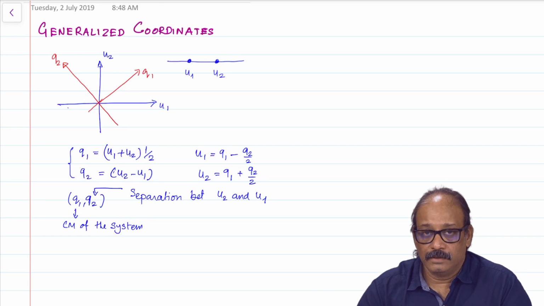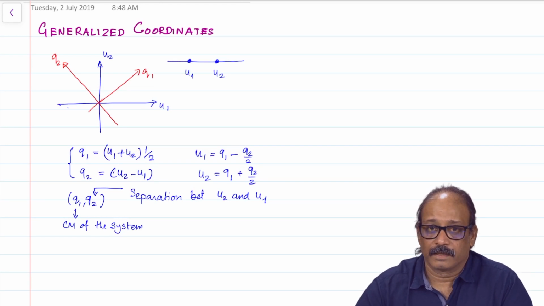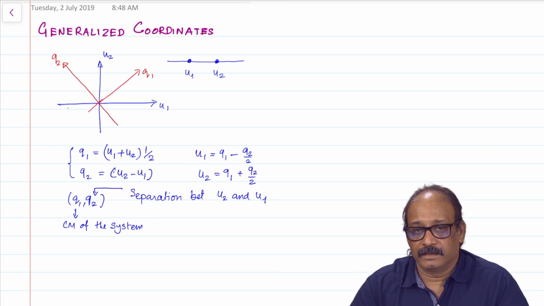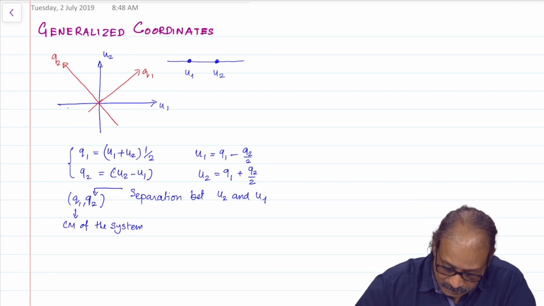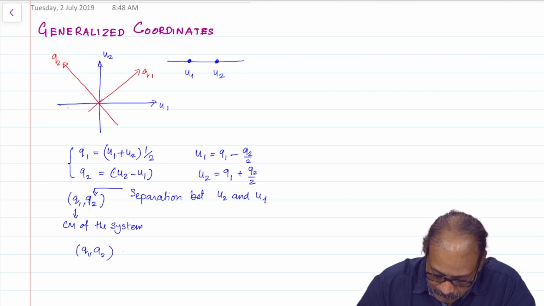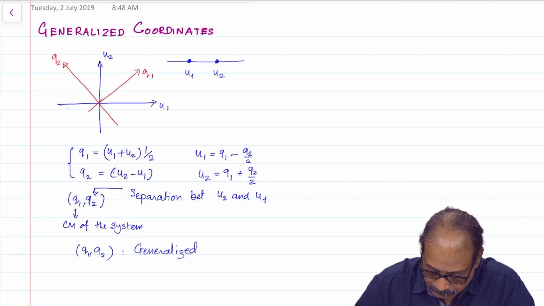So, these new coordinates q1 q2 do not refer to the actual coordinates of the particles, but they contain the entire information. This set q1 q2 are called generalized coordinates of the system.